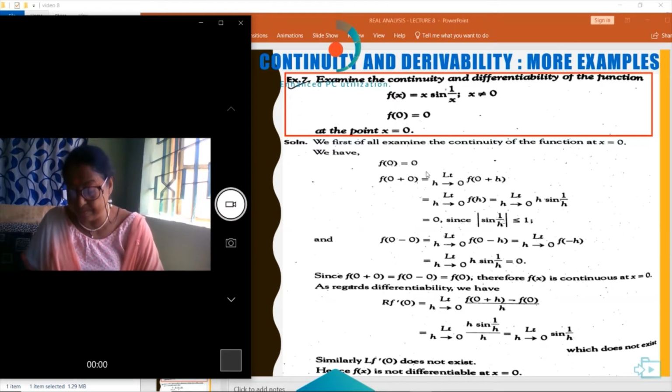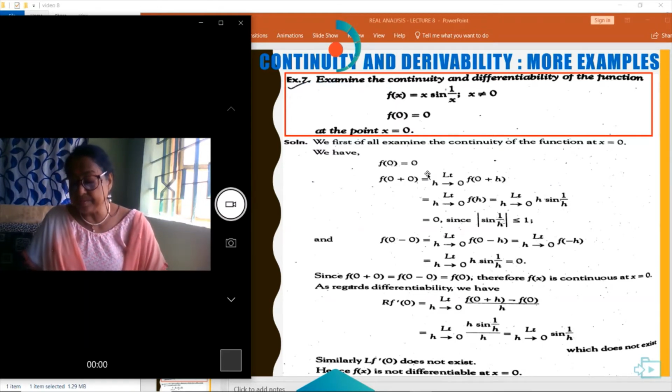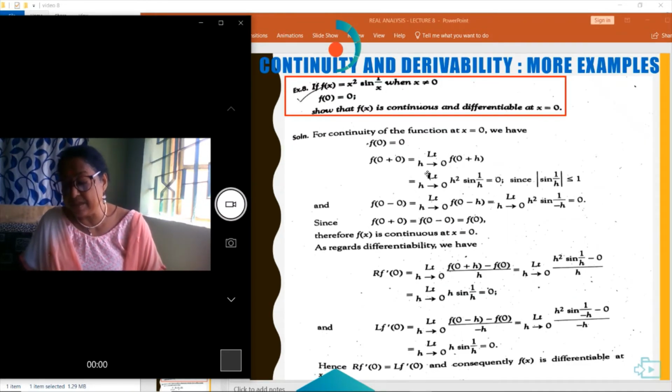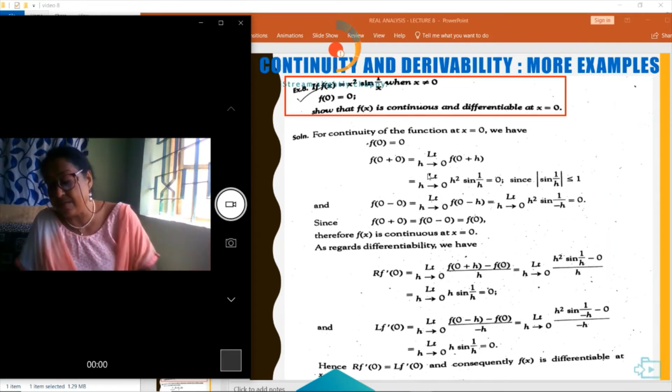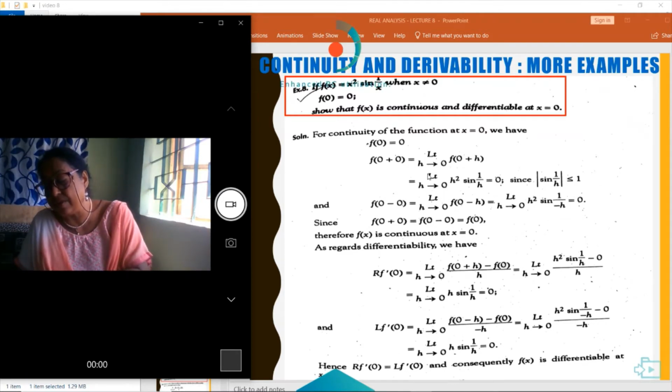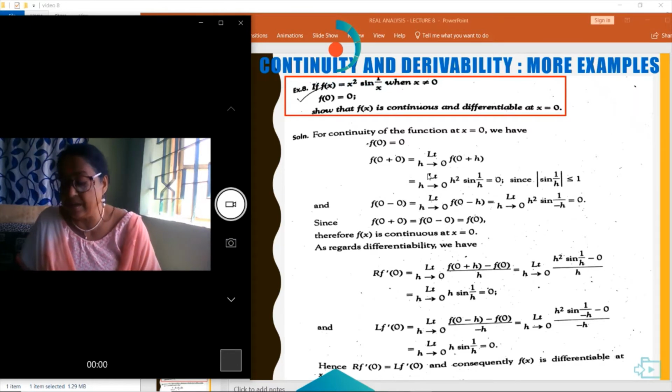though the function is continuous at x equal to 0. Now, take the function f(x) equal to x squared sin(1/x) when x is not equal to 0, and f(0) is equal to 0, that is when x equal to 0 its value is 0.